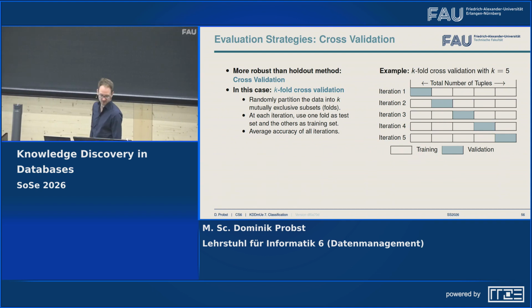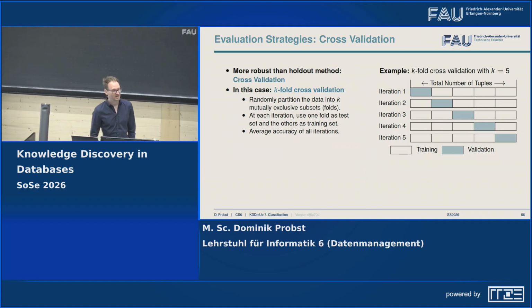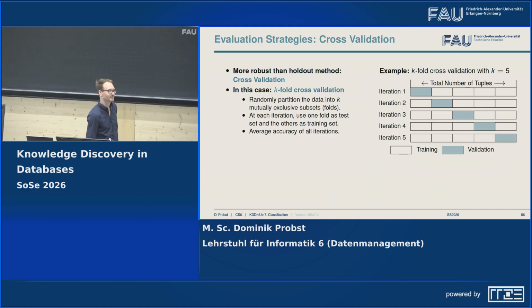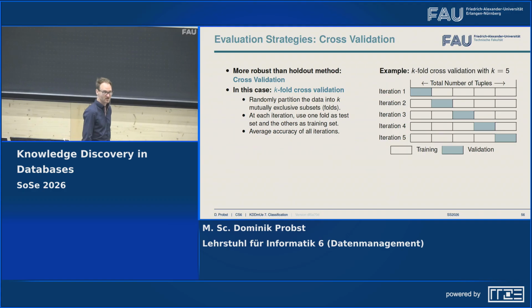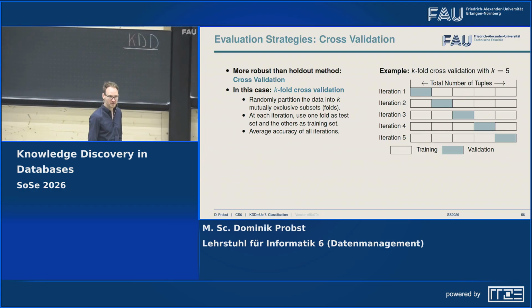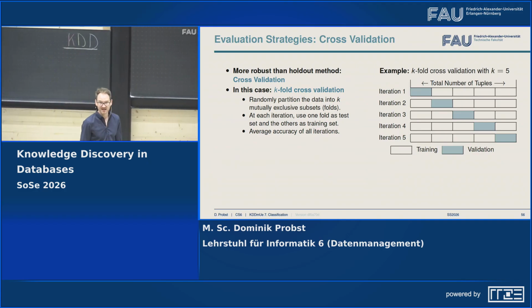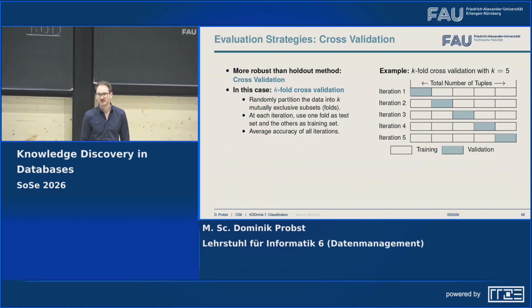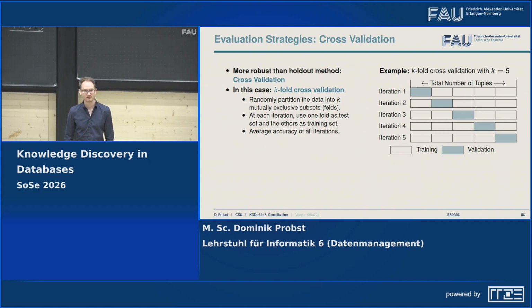In k-fold cross-validation, you would partition the original dataset into k partitions. So for example, if you have a 5-fold cross-validation, then you would divide your dataset into 5 different partitions of the dataset.